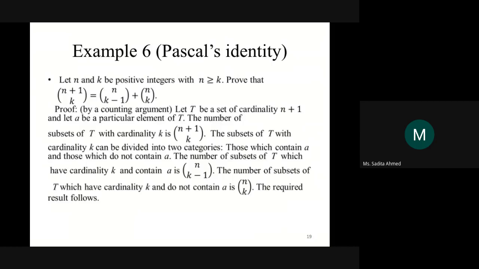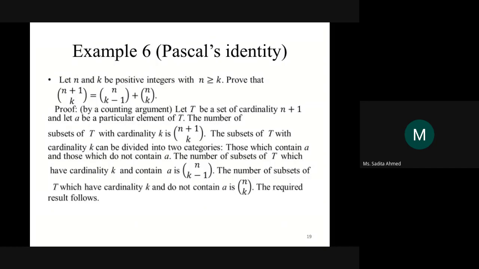Does it make sense that the total number of subsets of T with size k is n plus 1 C k? Any questions so far? Okay. So if you understand that, next we will divide up these subsets into 2 categories.